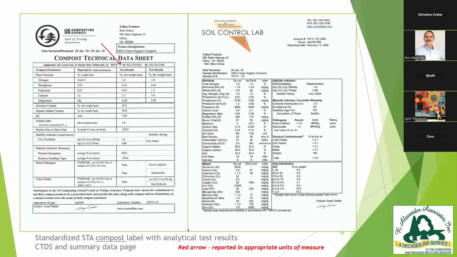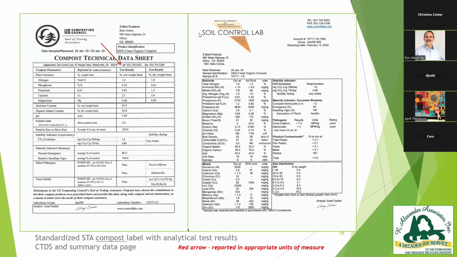I want to show you that because all the labs in this testing program use this uniform test data sheet. So you could get data from 3 different facilities, 3 different composters, and the data would look the same. Notice the units of measure will be the same on the sheet, so there's no funny business in comparing results.